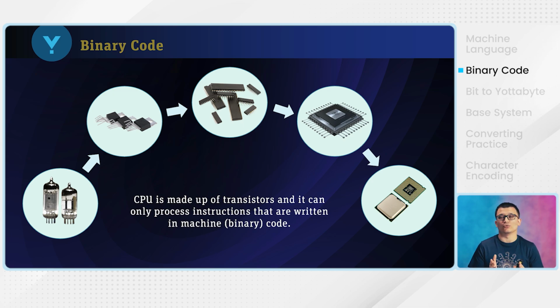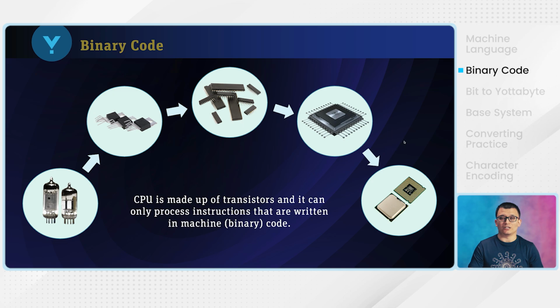If the instructions are written in any other code, the CPU will not be able to process them. Remember, programming means talking to the computer. And the computer does not understand human language like English or Chinese. It only understands machine language, and machine language is in binary code.